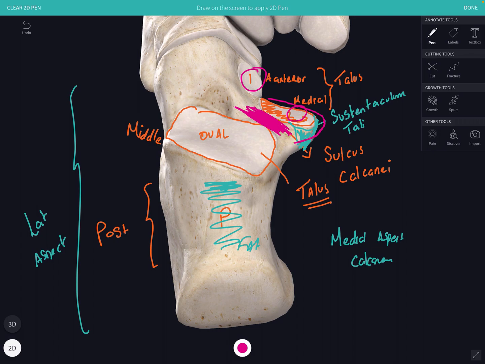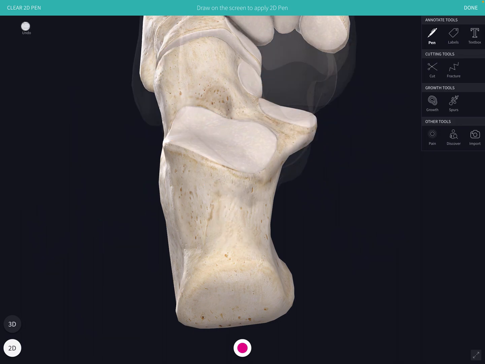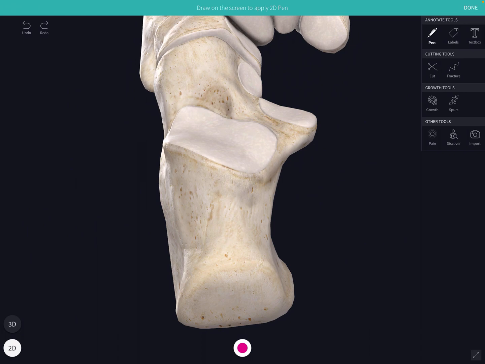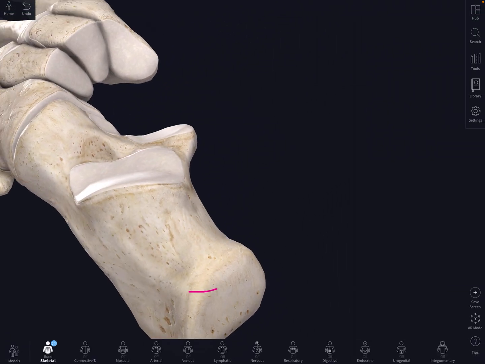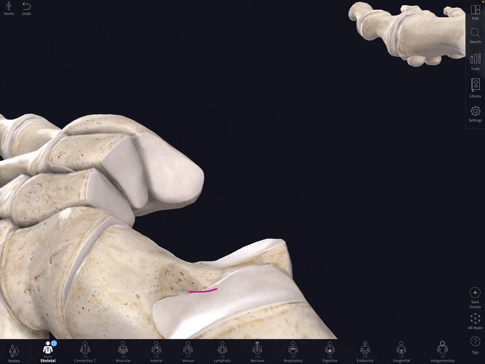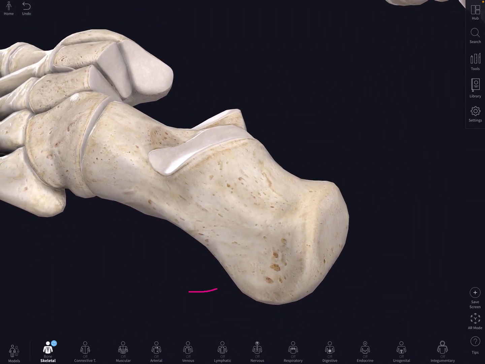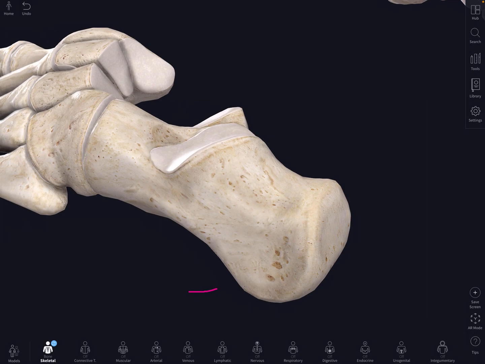Now, the anterior surface of the calcaneum, which will be the surface here. I rotate this around, so here's our calcaneum, and we're coming more forward.